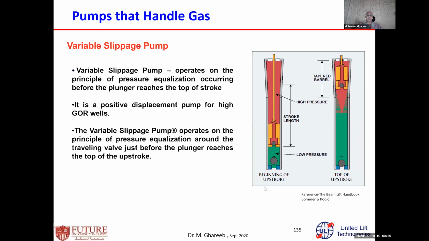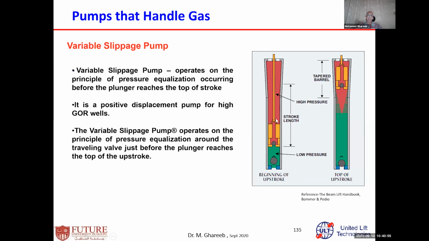Is there another pump configuration that can handle the gas? Yes, there are different pumps. Remember, I need the pressure below the pump to be equalized. There is a pump in this shape, what we call the variable slippage pump. This type has two pumps inside each other. The first pump has a bigger inside diameter, and the lower pump has a smaller inside diameter. When the traveling valve reaches the top at the end of the stroke, it completes cycles based on design to go into this bigger bore size pump.